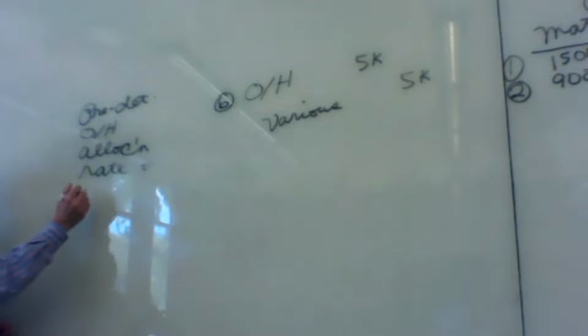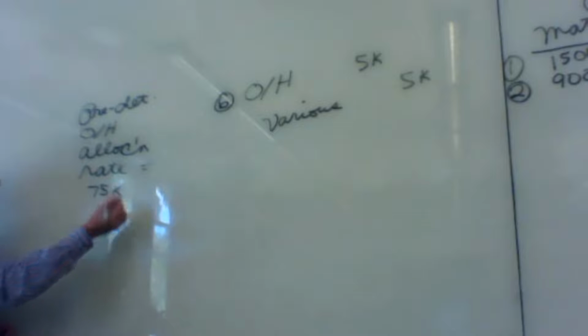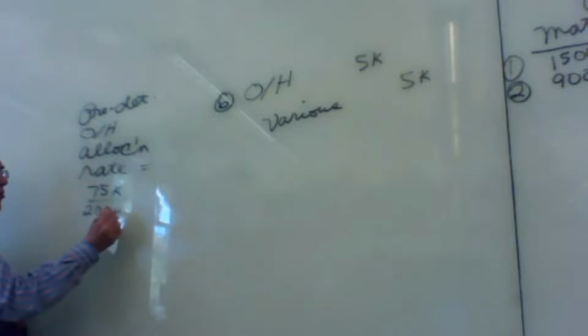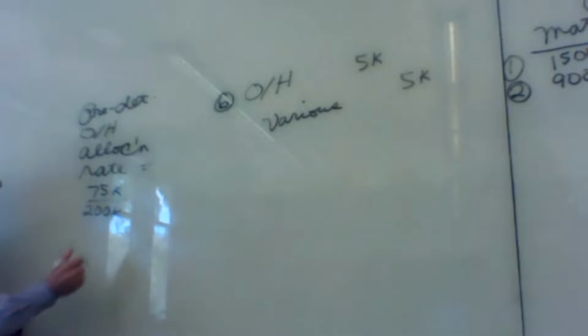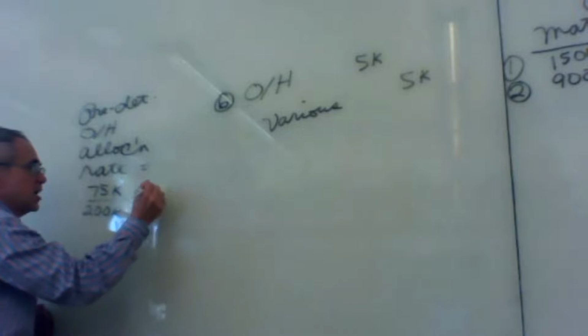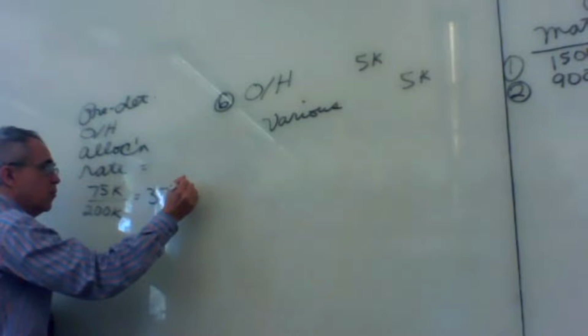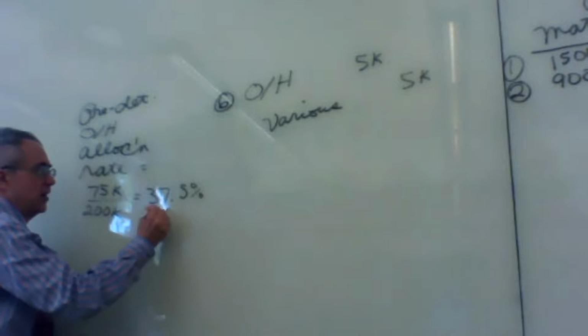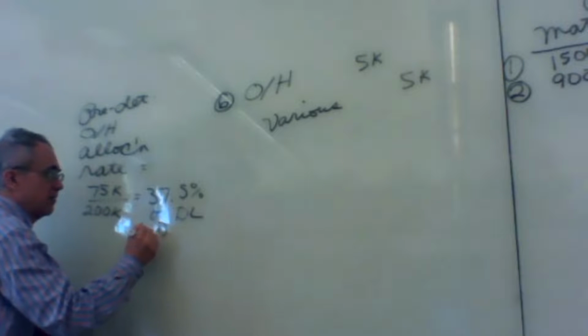It's going to equal $75,000 of overhead that they budget. Predetermined, we're setting it up at the start of the year. Divided by the cost driver or allocation base, which is $200,000 of budgeted direct labor cost. So again, as we saw the other day, we get a rate of 37.5% of direct labor cost.